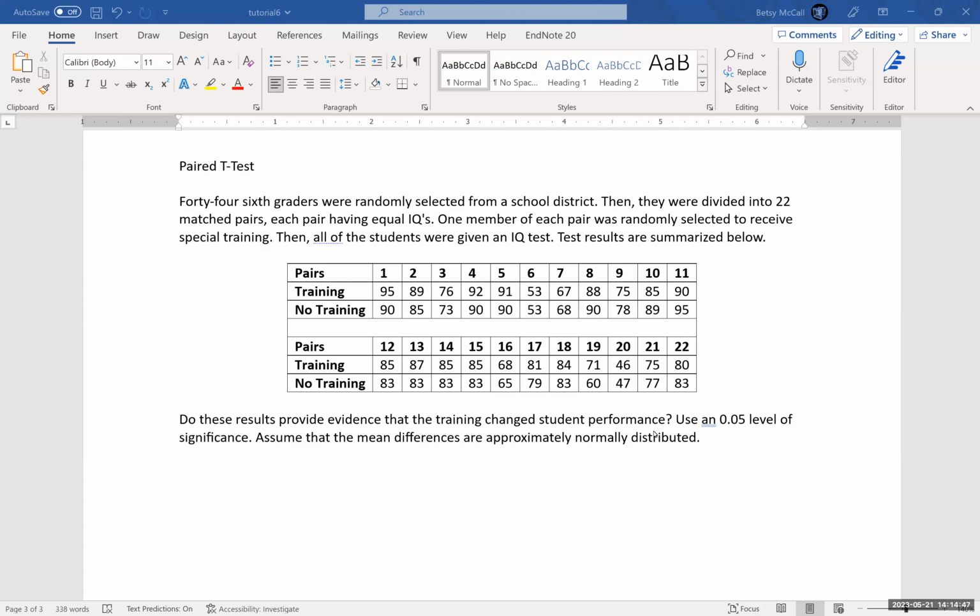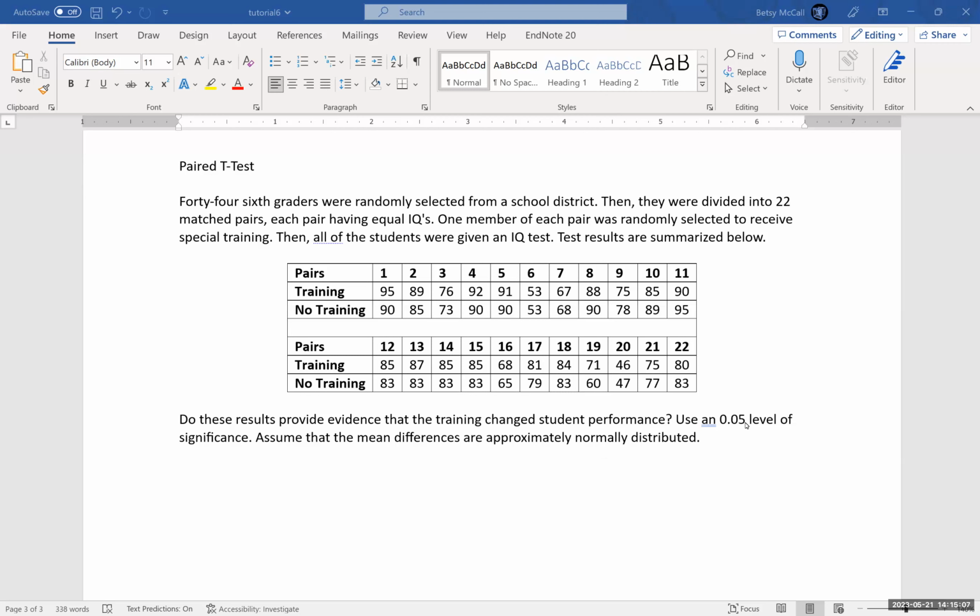IQ tests are trying to measure some inherent quality, but they don't necessarily only measure that. They also measure things like training and preparation. So what we're trying to see is if those scores change.